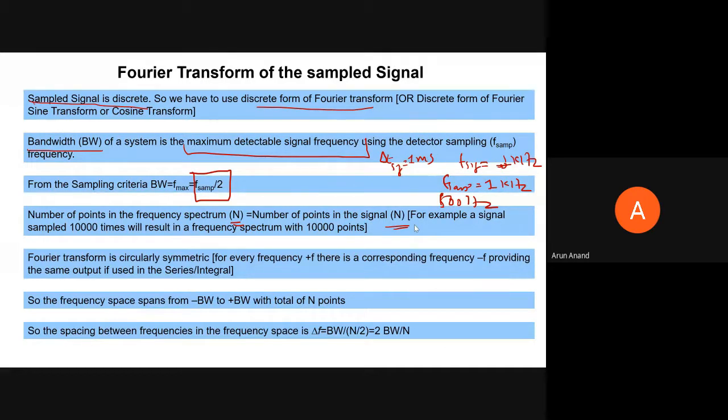Clear? You can try that out. In fact, you can use MATLAB and see that. Just create a signal with v equal to v0 sine 2 pi 100 t plus v0, let's say 1, into sine 2 pi 200 t. So you plot that. Then create another signal, instead of plus 100, you put minus 100.